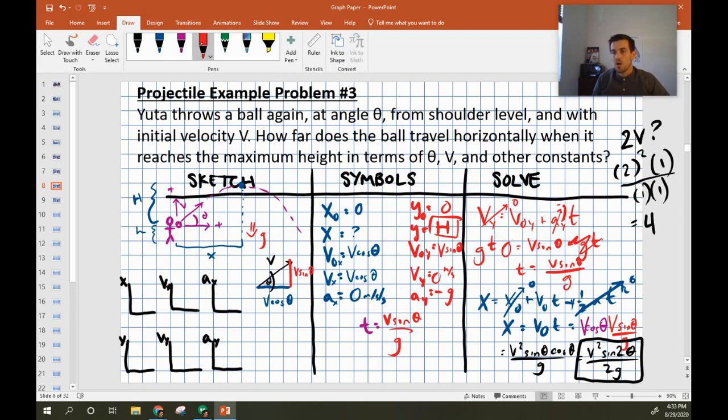So a quick sketch for all of the variables here. In the x position, the graph should look like we've been pretty accustomed to seeing. It's just going to go further and further until it stops. In the x velocity, again, it should stay constant at v cosine theta, and it has no horizontal acceleration.